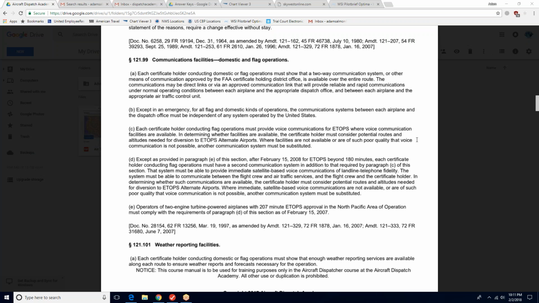If they're flying in and around Salt Lake, the majority of the call signs are going to be SkyWest, and then you have to listen for your 4-digit flight number behind that, and so many of the flight numbers are so similar that it's very easy to get confused and get the wrong plane's transmission. All of a sudden, you're on the wrong frequency, and like I said, it happens at least 10 to 20 times a day with SkyWest operation.